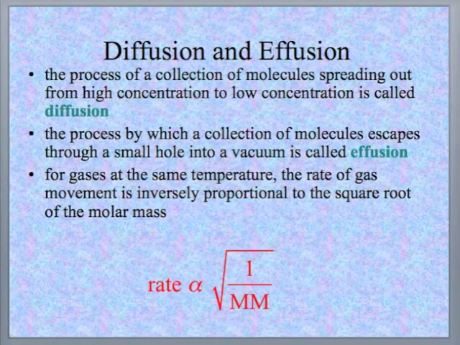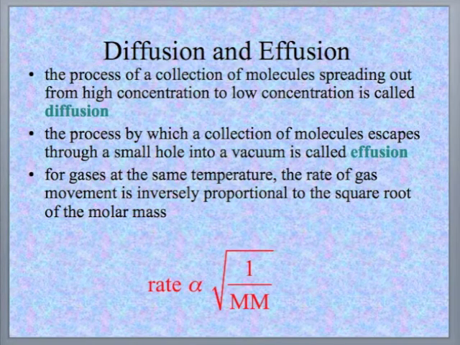So if you make a proportion between the two, the rate will be proportional to the inverse of the molar mass. In other words, just as we had noted before, the heavier the molecule, the slower it goes. And that's an inverse relationship, but it's to the square root of the molar mass.